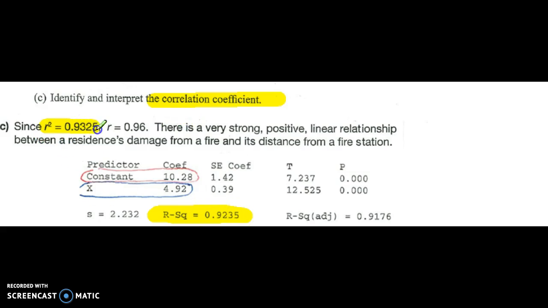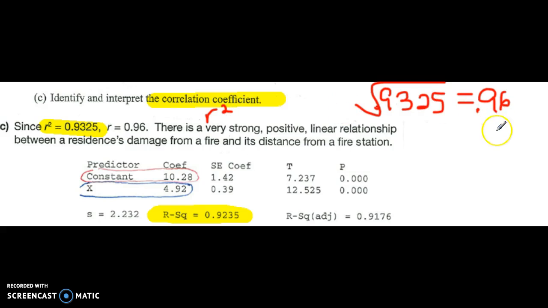So I am going to take the square root of that number, 0.9325. If I take the square root of this number, I get my correlation. That's how I got 0.96, because this is R squared and this is R. So my correlation is 0.96.